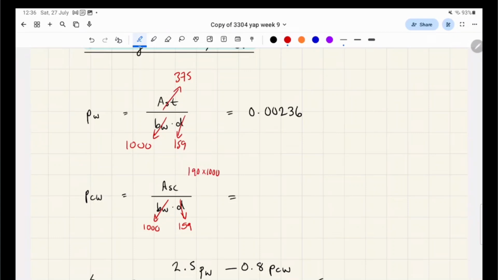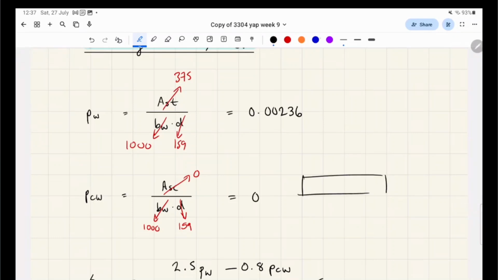So 190 times 1000 is the concrete area. But this is the area of the compressive steel. So what's the area of the compressive steel? 0, because we don't have compressive steel.